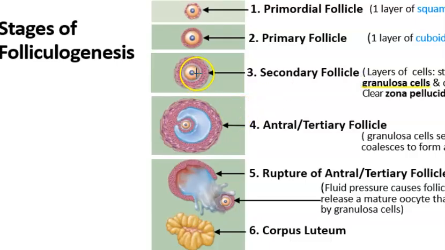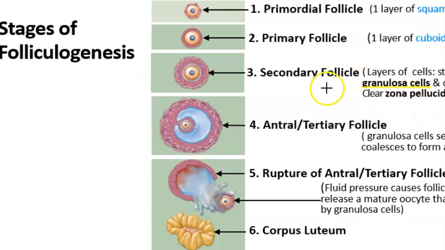So this secondary follicle has an oocyte in the middle with granulosa cells surrounding it, usually 4 to 7 layers, and then a layer of thecal cells, maybe 2, surrounding those.